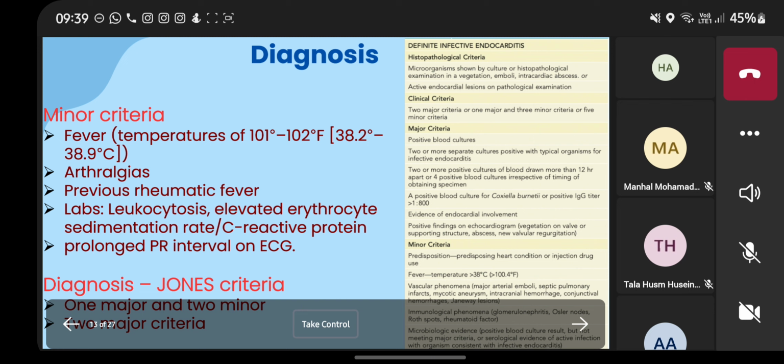For the minor criteria, we have fever, temperature of 38.2, arthralgia, previous rheumatic fever, and for the labs, we have leukocytosis, elevated erythrocyte sedimentation rate, and prolonged PR interval on the ECG.